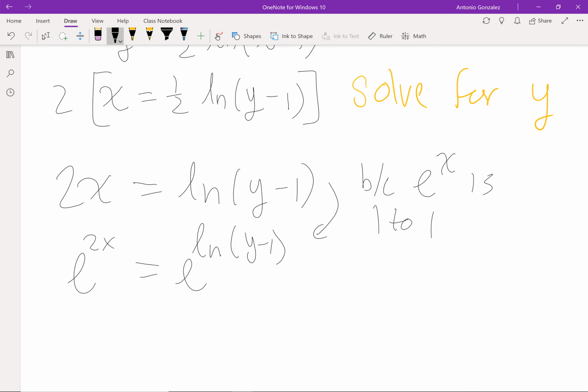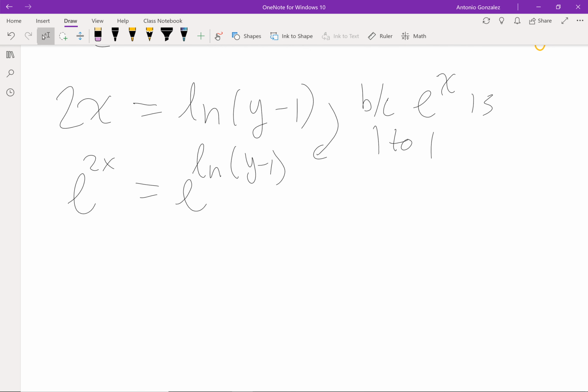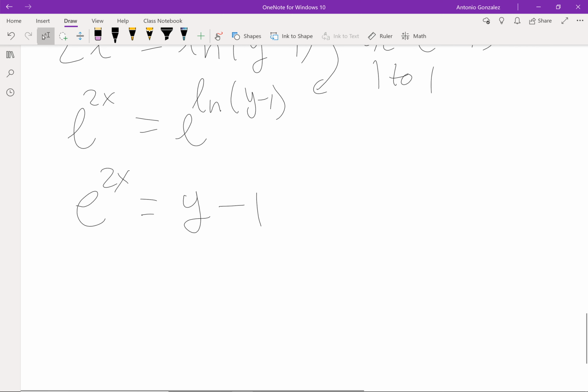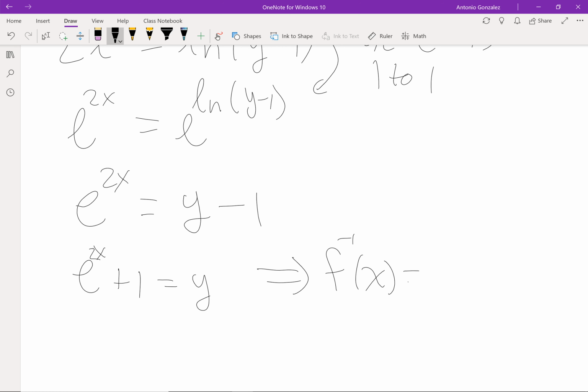And now, knowing the inverse relationship between e and the natural log, this becomes y minus 1. And then we add 1 to both sides here. And now we have found f inverse of x, that equals e to the 2x plus 1.